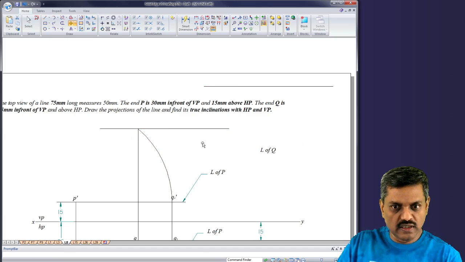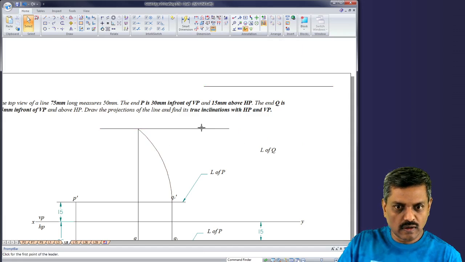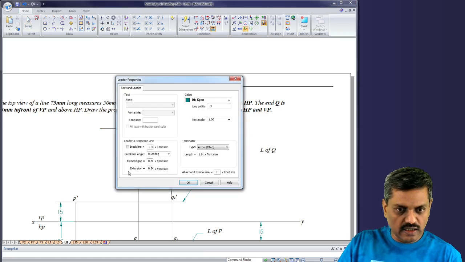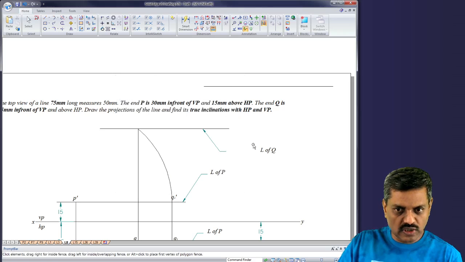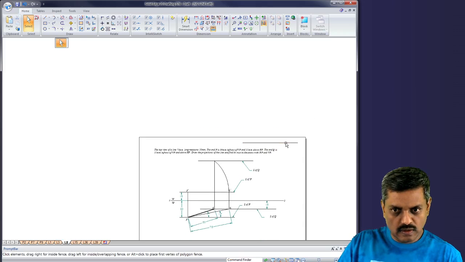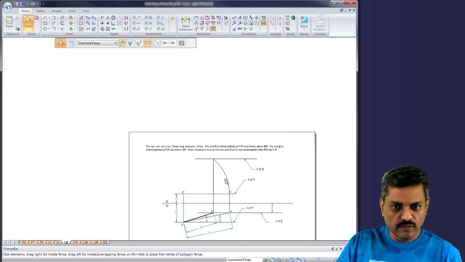Okay, so this is another locus. This is the locus of q in front view. So just change property, turn on the brake line and say okay, and keep it in its proper position. We don't need this line anymore, so control S to save.